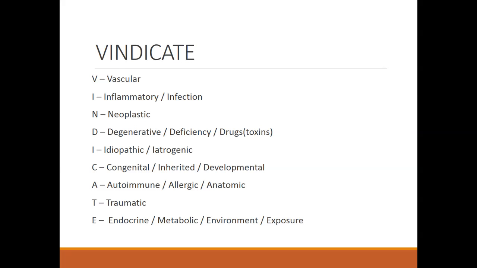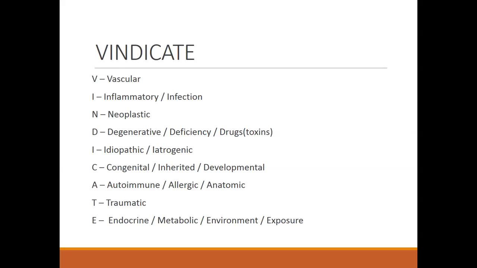So, as you're thinking about a patient who has altered mental status, like the next slide shows you, it shows you an example of how we would apply this, okay? We need to think about what diagnoses vascular-wise would cause altered mental status. What inflammatory or infectious processes could cause altered mental status?